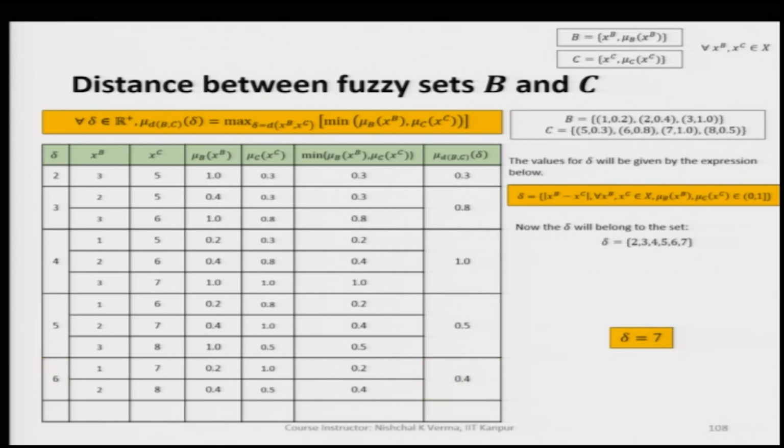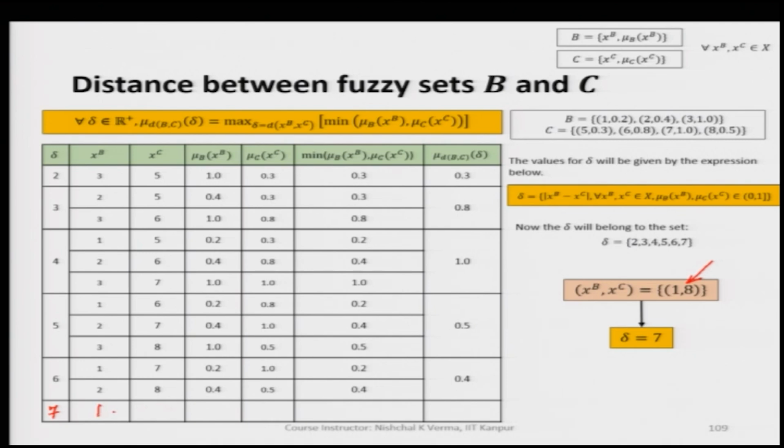Next is delta equal to 7. For delta equal to 7 we have only one pair. We enter the values of x b and x c which are responsible for creating the difference of 7.